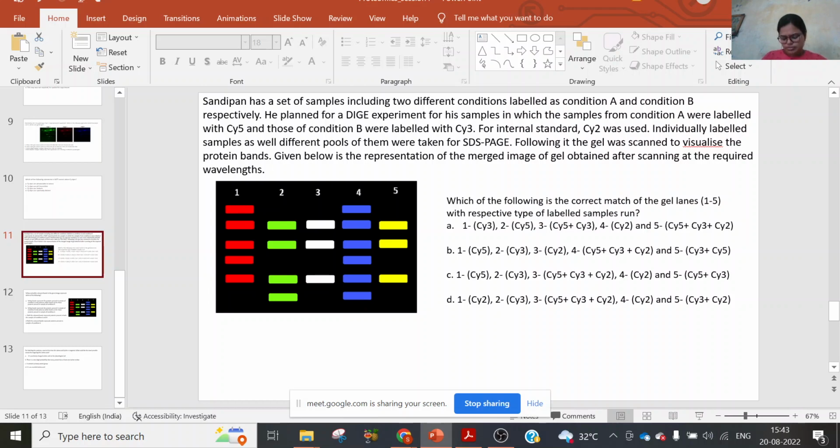Any guesses? Anyone wants to guess? Which option? Option C. Okay. Any other guess? Anyone else who wants to try?